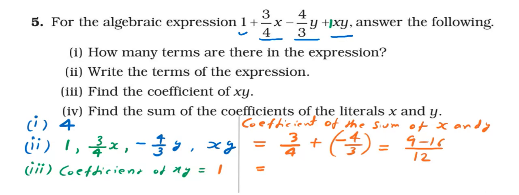Now beta, 9 minus 16 is minus 7. So the answer is minus 7 upon 12. So beta, this is the answer.